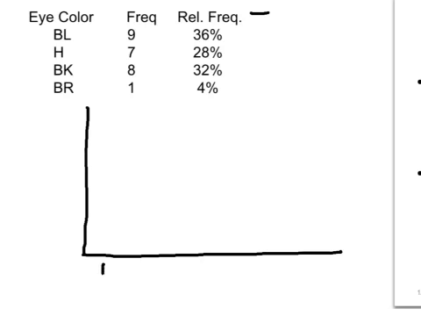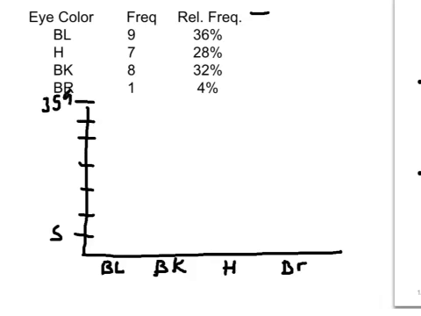So down here we'll have blue, then we'll have black, then we'll have hazel, and then we'll have brown. Since we're in percentages, I'm going to go 5%, 10, 15, 20, 25, 30, and this will be 35%.